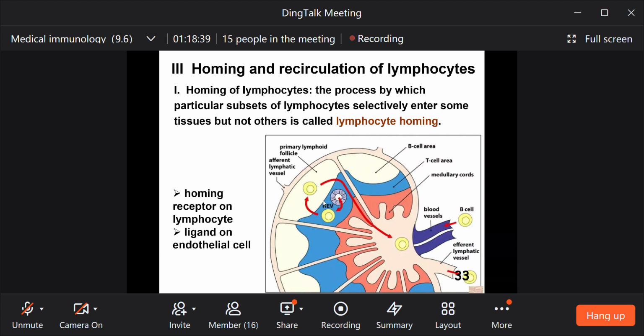The cell has the homing receptor on the surface, and the lymph nodal vessels have the ligands on the endothelial cells. The homing receptor and ligands will interact with each other. It means the cell has arrived at the right place.